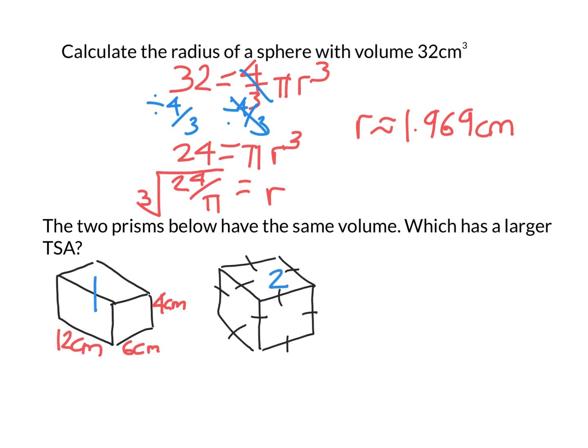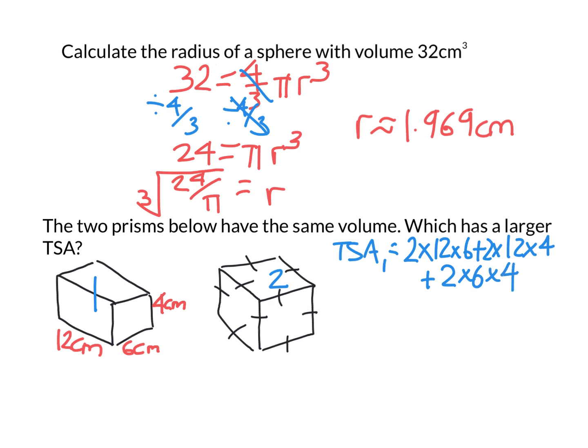So shape 1, the rectangular prism, its total surface area, the formula, if you've forgotten, is 2LW plus 2LH plus 2WH. So putting that on our calculator, we actually get 288 centimeters squared.